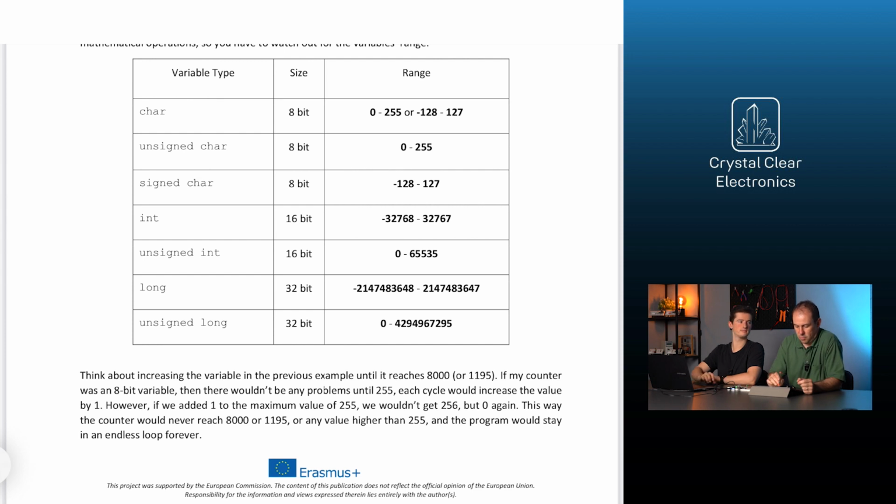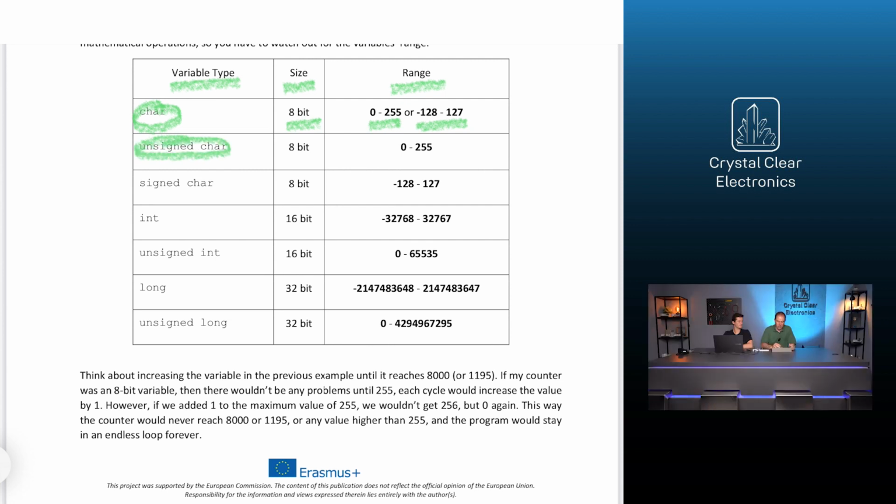The table below summarizes the types of variables, their size and range of values. For example, the char type is 8 bits and can take values from 0 to 255, or minus 128 to 127. The unsigned char, which is also 8 bits long, can take values from 0 to 255.